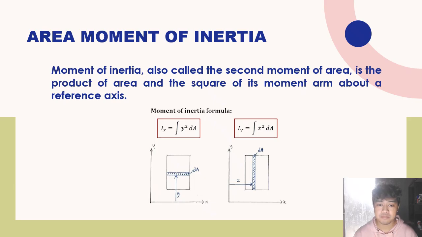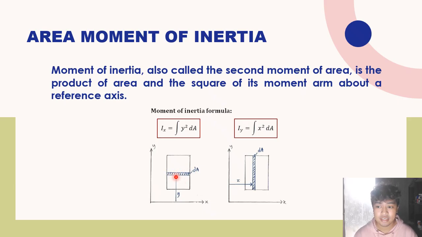Again, moment of inertia is the product of area and the square of its moment arm about a reference axis. For example, in the first example, if we have this rectangular area and we take into account a strip, that is what we consider as the area.